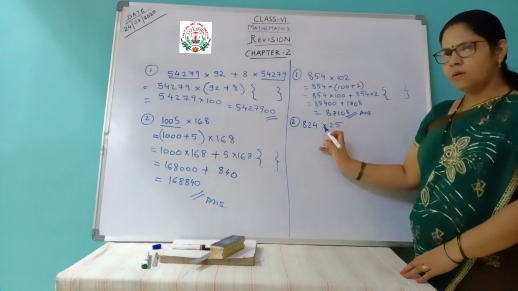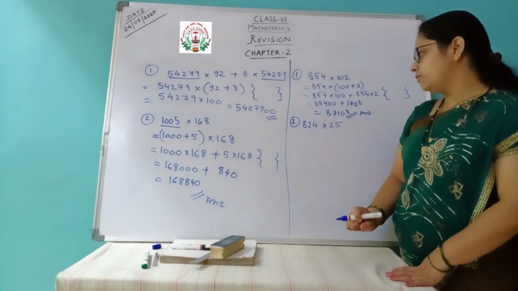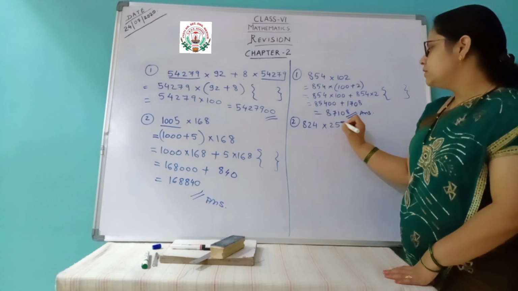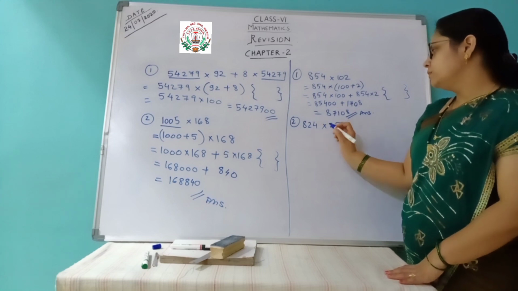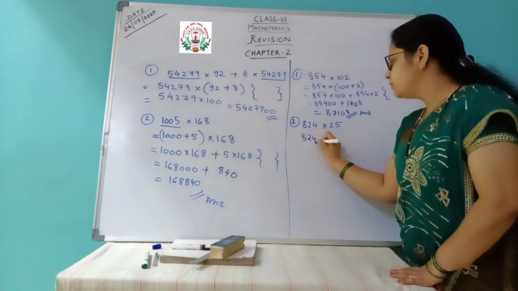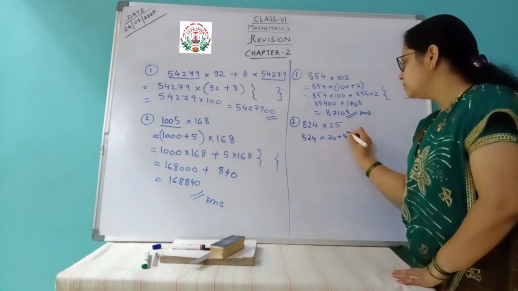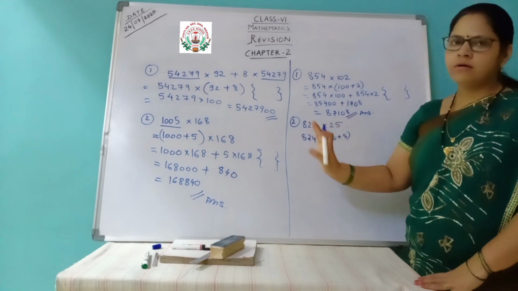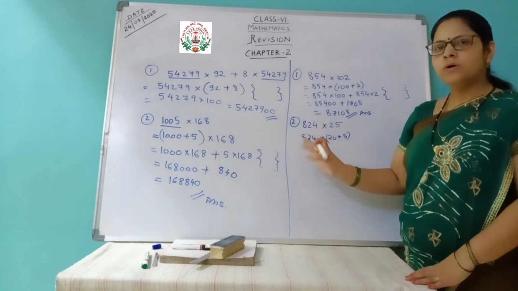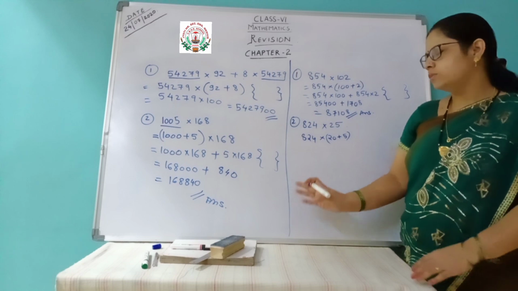Similar way you can do here. It is 25 and this is 824. How can we do this? 824 into 20 plus 5 we can do. Here you are not getting any 10, 100, 1000 like that, because it is not 100, 102 or 1001, 1002.